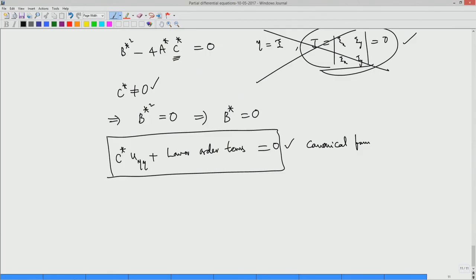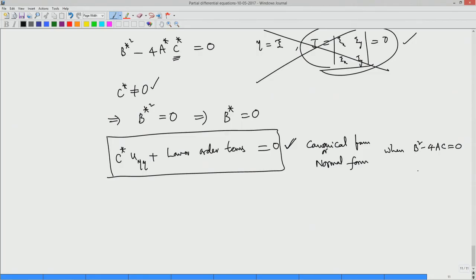When the discriminant B square minus 4AC is 0, we can reduce the second order equation into this form. This is also called canonical form or normal form. So this is how you are reducing.